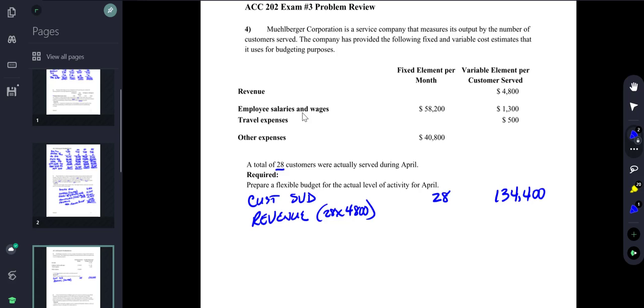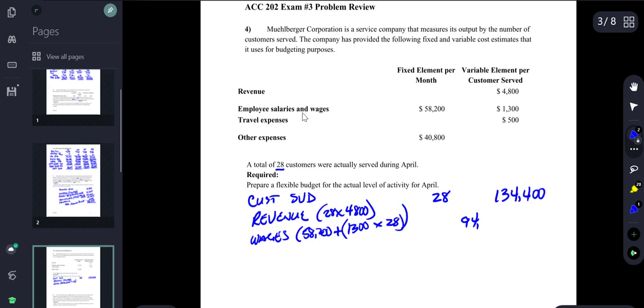So we're going to have wages and salaries, and that's going to be 58,200 plus 1,300 times 28. So when we calculate wages, we're going to have 94,600.